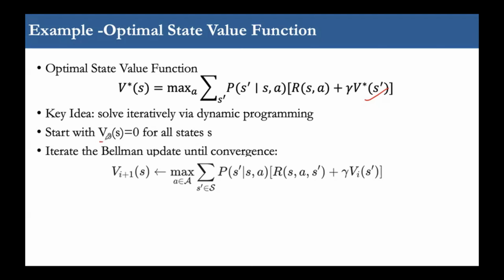We will start with the value for any particular state as 0, and then apply the optimal state value function equation to find the value for each cell. How to iterate? We rewrite this equation in terms of i and i plus 1, where i is the current iteration and i plus 1 is the next iteration. In that manner, we are rewriting this equation.